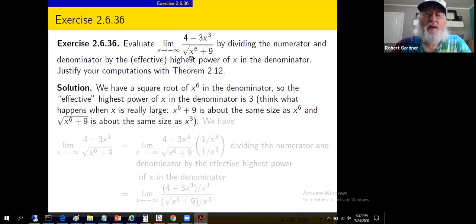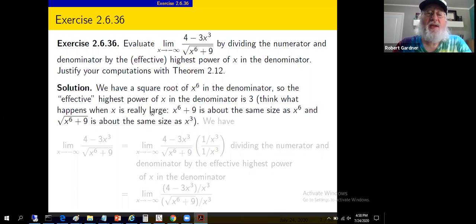In the denominator, we've got an x to the 6. Actually, we've got a square root of an x to the 6 plus some other stuff. My claim is the effective highest power of x, then, square root of x to the 6 will be x cubed. Highest power of x in the denominator is effectively 3. What happens when x is really large?